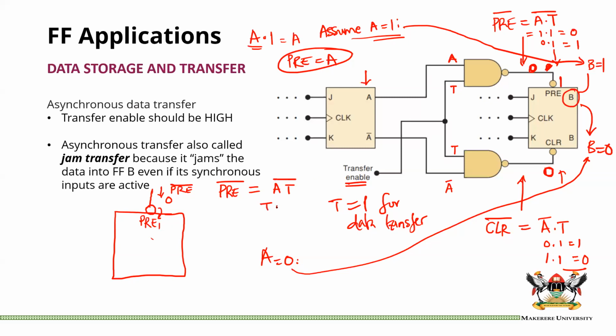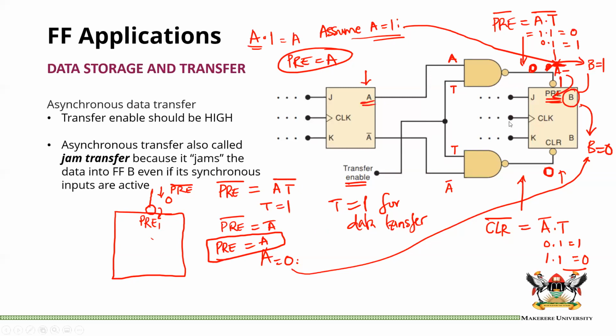Now we know that T is equal to 1, so we can say that pre is actually A inverse. So that is A inverse here at that point. And if you go around the bubble, now inside here in the flip-flop, your pre becomes A because of that bubble which converts it. And so it just means that if pre is A, if you have 1 here, it will just be transferred to that.